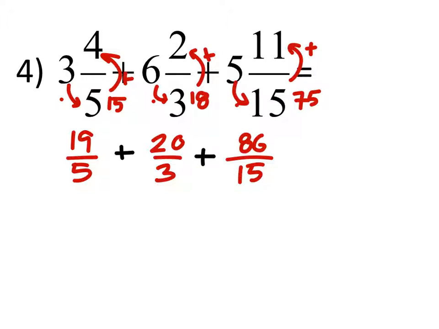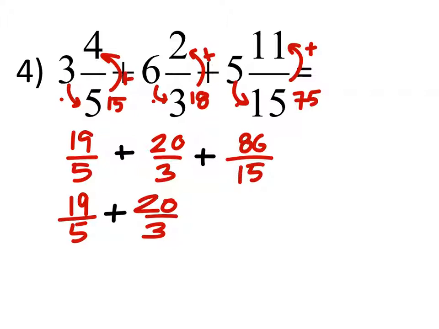Now at this point, what we could do is find common denominators for all three, which would be fine, which we could do also by multiplying all the denominators by each other. But hopefully if we just work from left to right, then maybe that would help us. So what I mean by that is I'm just going to focus on these first two numbers to the left because of the order of operations.